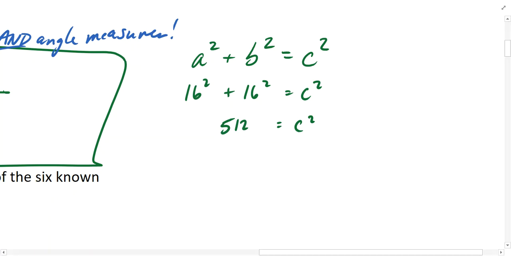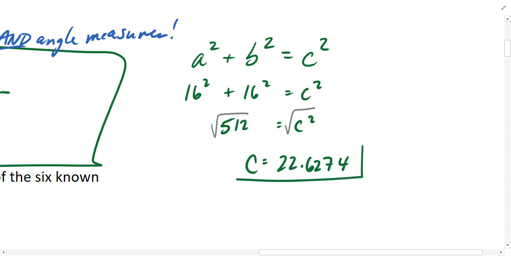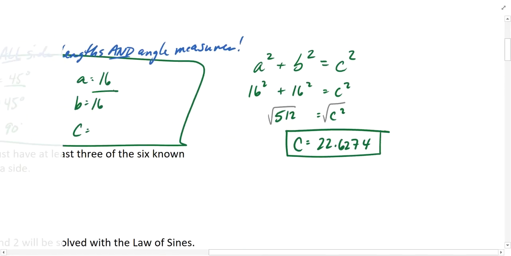And after we apply the square root to both sides of the equation, we'll note that c by itself is equal to 22.6274 units. Now, clearly, the square root symbol in an algebraic sense does produce both a positive and a negative result here, but we're not interested in the negative result, of course, because the length of a side cannot be negative.